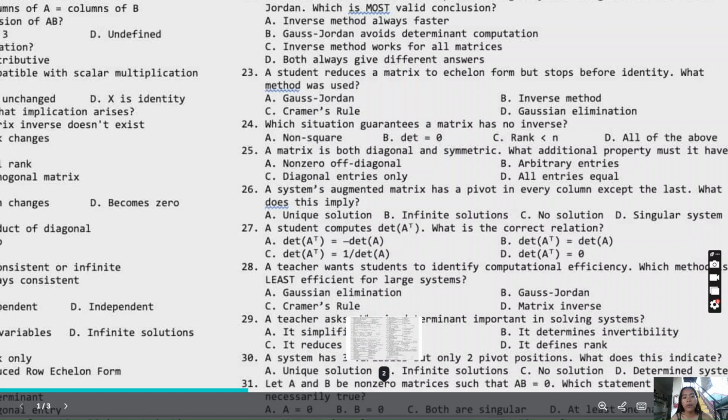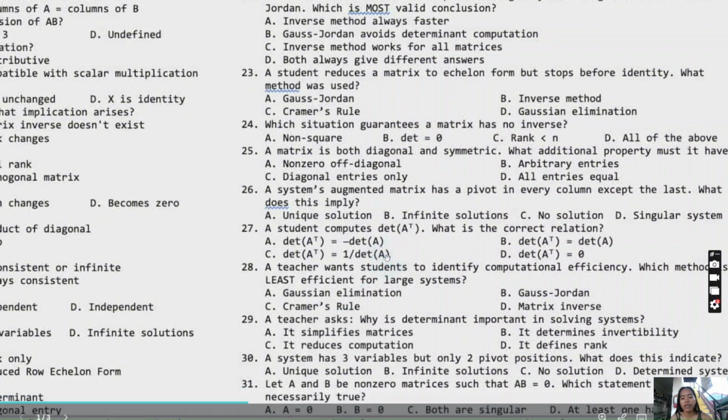So to proceed to number 30, sorry, I cannot move it higher, so bear with me. Number 30: a system has three variables but only two pivot positions. What does this indicate? The correct answer is letter B, infinite solutions. If there are three variables but only two pivots, one variable is free.